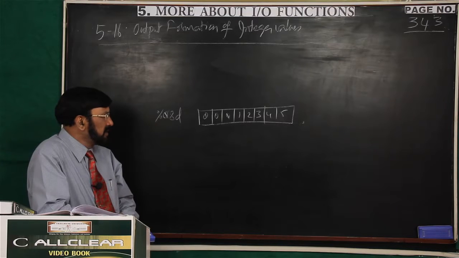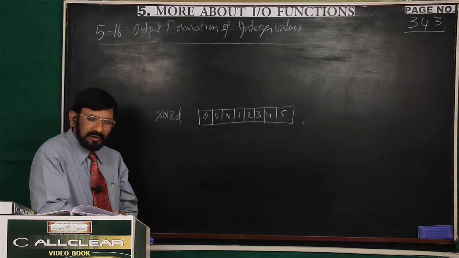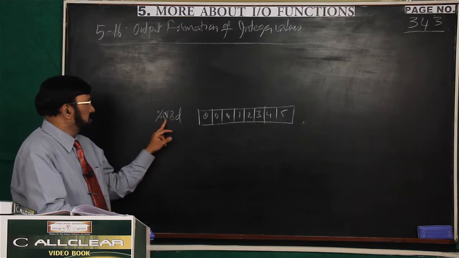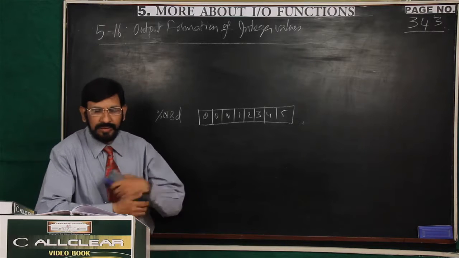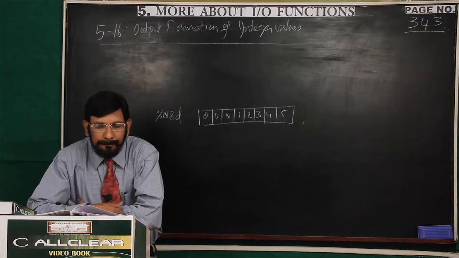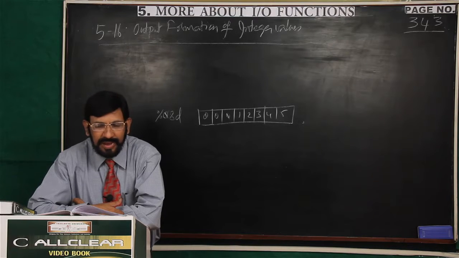In order to prevent that, they print leading zeros. For this, what should you do? You have to insert 0 here. Now you see JKL. J, what is the meaning of that? 8 spaces are to be allocated to print my number, and leading spaces are filled with zeros. That happened.